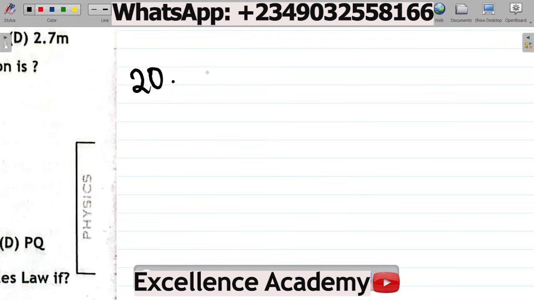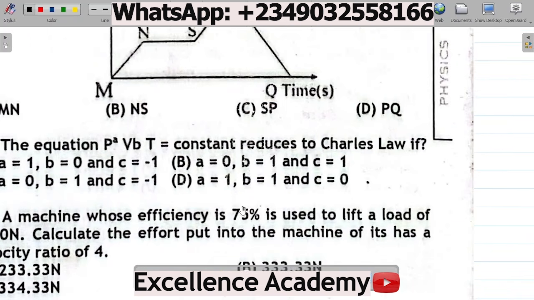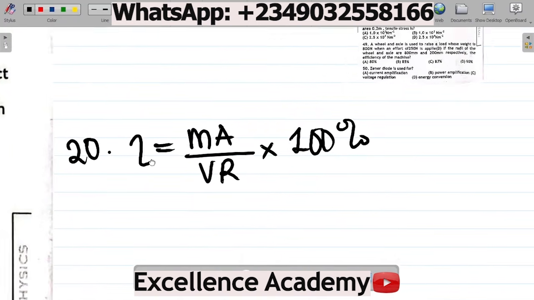Before then, record that the formula: efficiency is equal to mechanical advantage all over velocity ratio times 100 in percentage. The efficiency here is 75%.